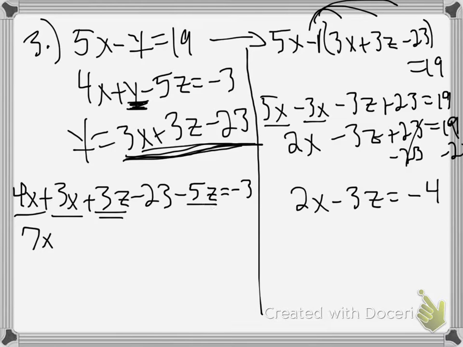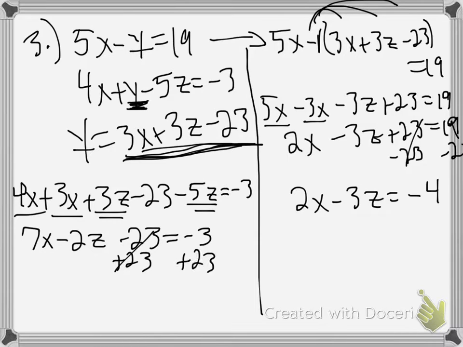I've got a pair of like terms here, which gives me negative 2z minus 23 equals negative 3. Add 23 to both sides. I now have a second equation, 7x minus 2z equals 20. I now have a system of equations in two variables.